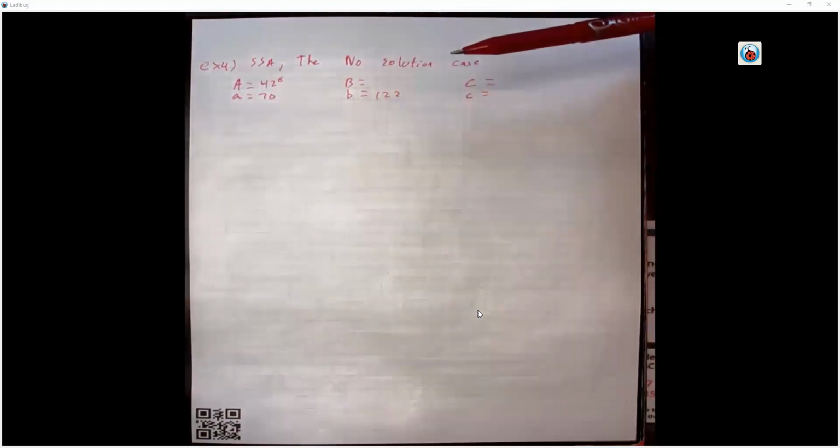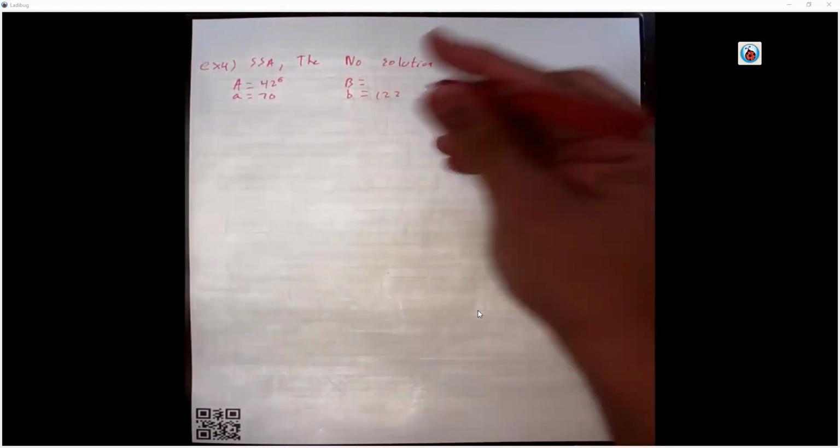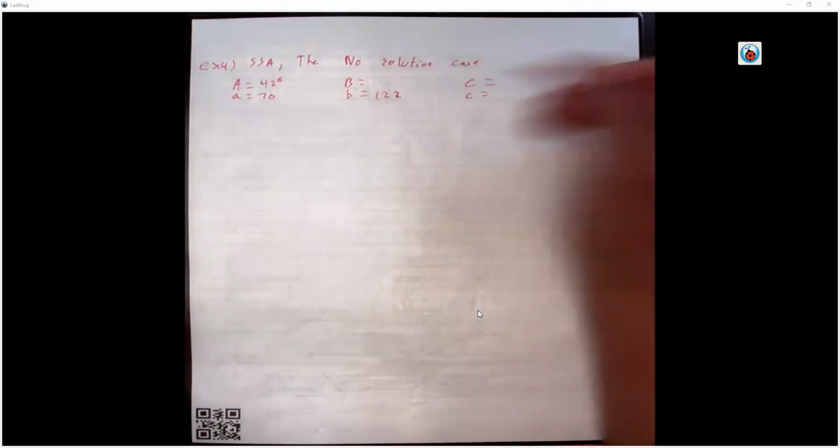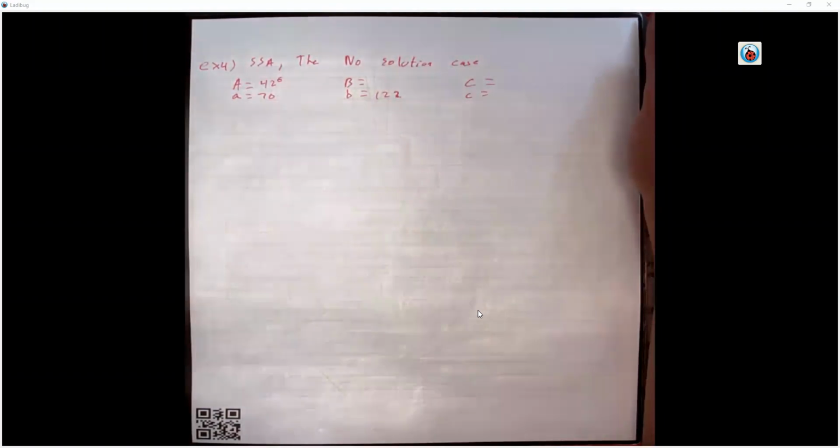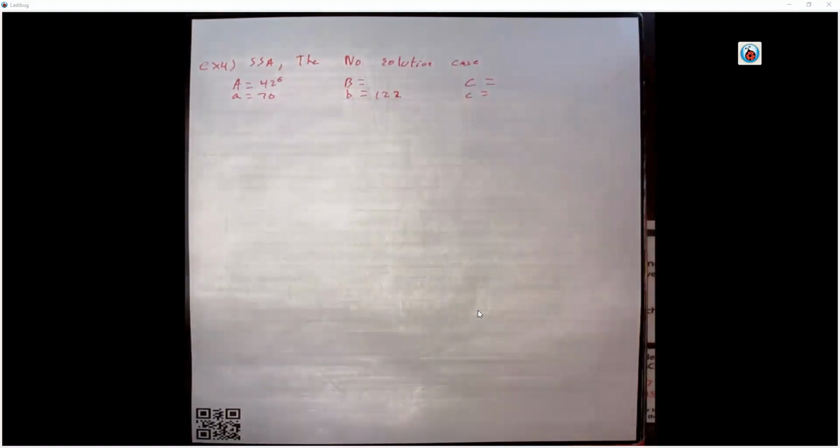What's the b? 122. So when you're solving for this, you're going to get an error. And when you see that error on the calculator, that's telling you there's no solution. I'll explain why in just a second.